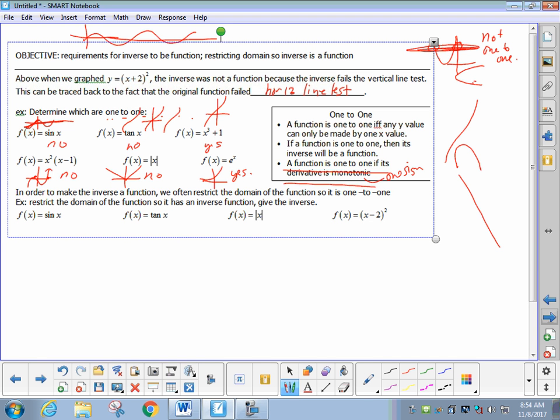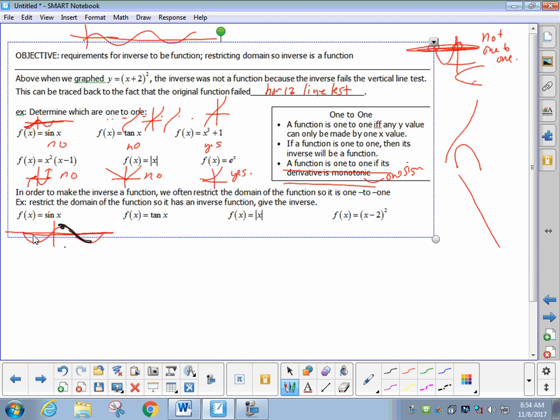So, for example, if you had sine of x, which normally looks like this, and more, obviously, then we want to restrict the domain, or the x's, so that it passes the horizontal line test. Now, if there's no direction, then I suppose we could all go with different numbers. One person might say, I'm going to take only this piece from pi over 2 to 3 pi over 2.